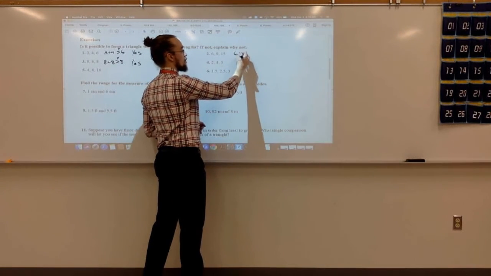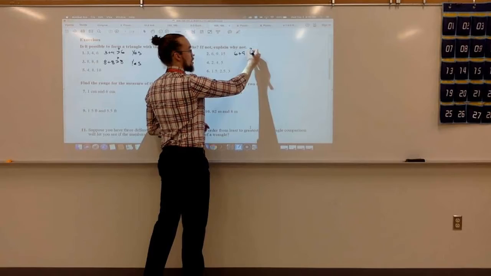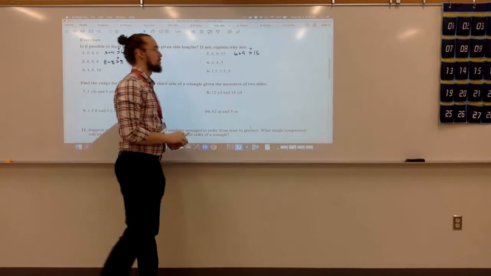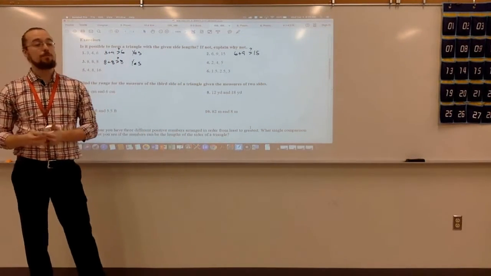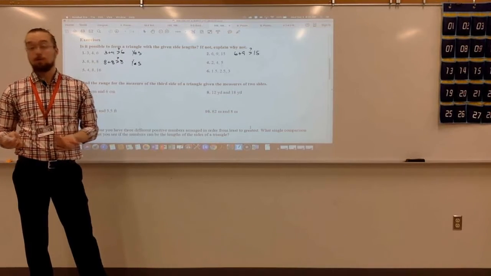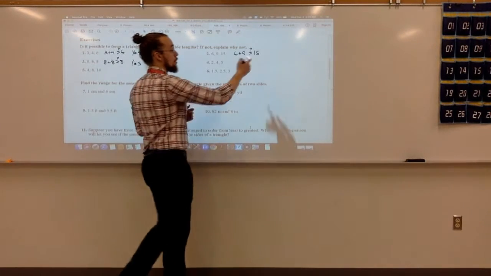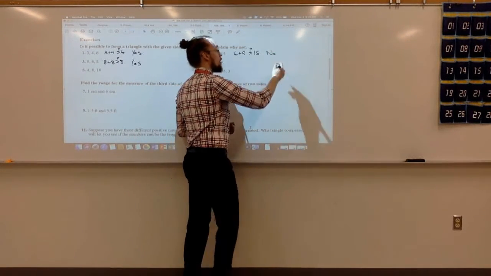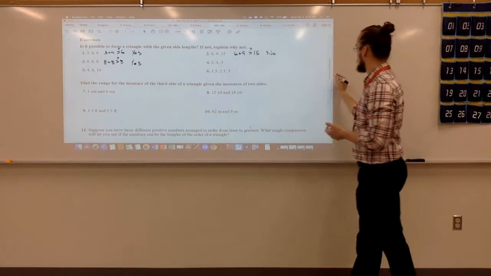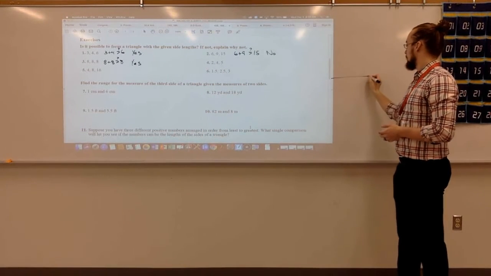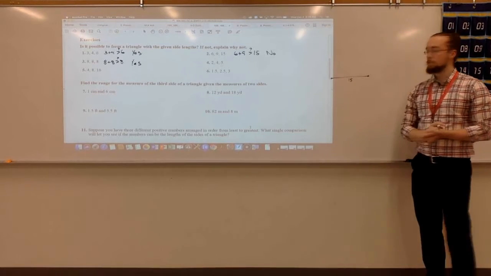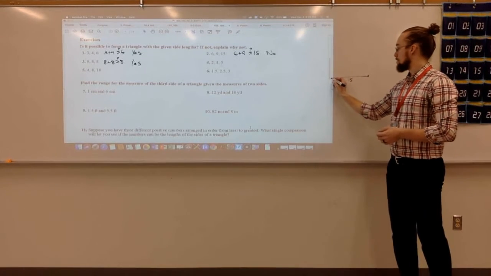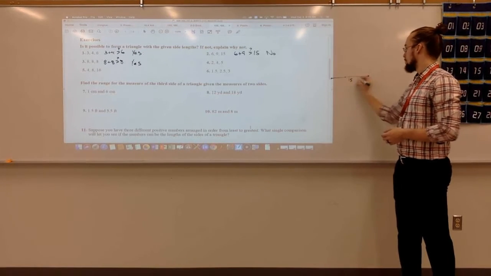So if we look at number 2, is 6 plus 9, which is 15, greater than 15? No, it's not. So this would be no. Now the visual there: we have some side length of 15, and then one side that's 6 and one side that's 9.